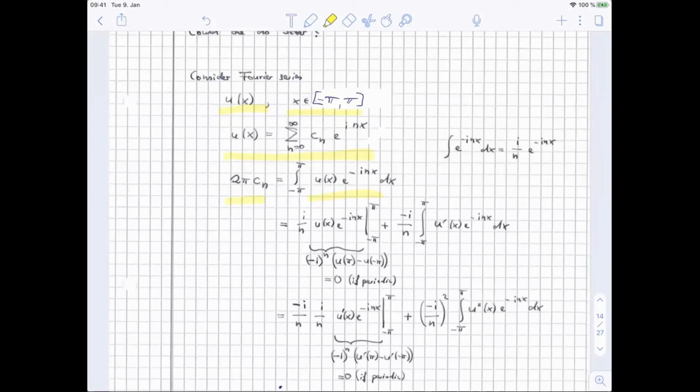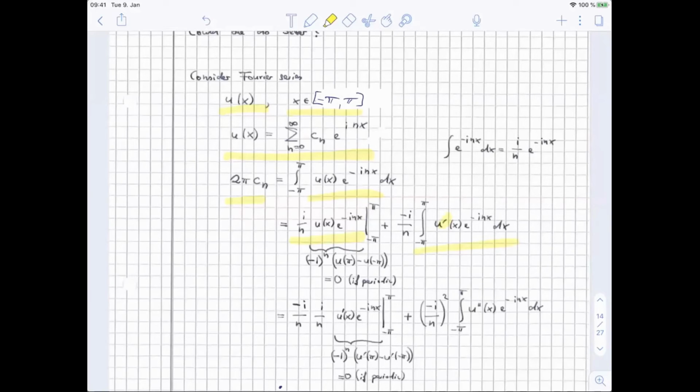And now the big trick is one can integrate by parts. We find a first term here, I over n u of x e to the minus I n x from minus pi to pi. And we find the integrated by part version left over, where we now have one extra derivative on the u function.